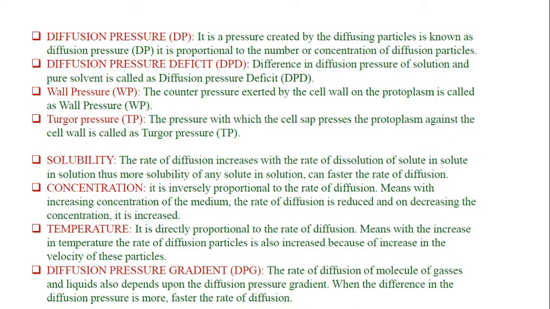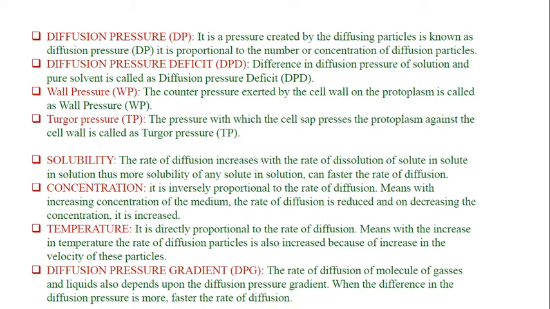For example, a higher concentration of water in the soil region, while the pure solvent is like a root which can accept the water molecules, and at that time there is a presence of a pressure that is called diffusion pressure deficit.